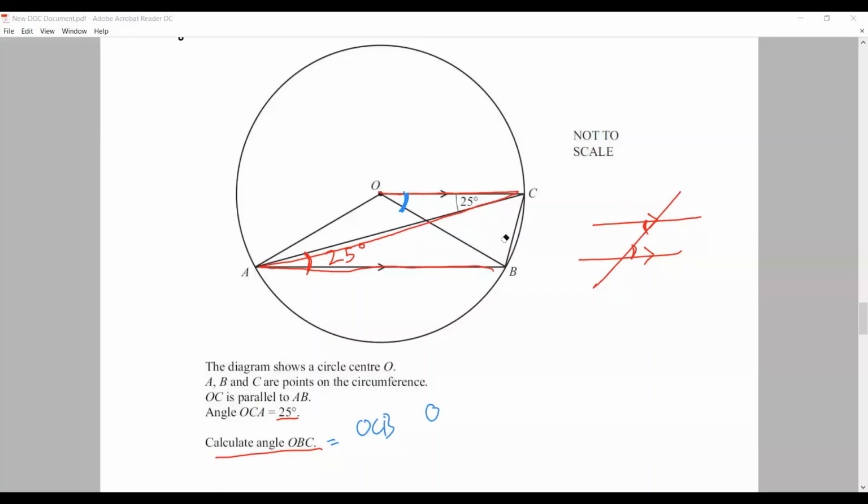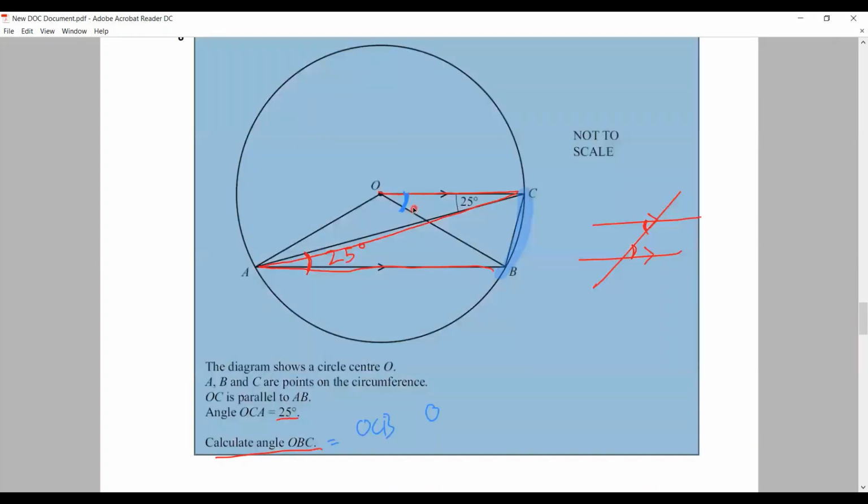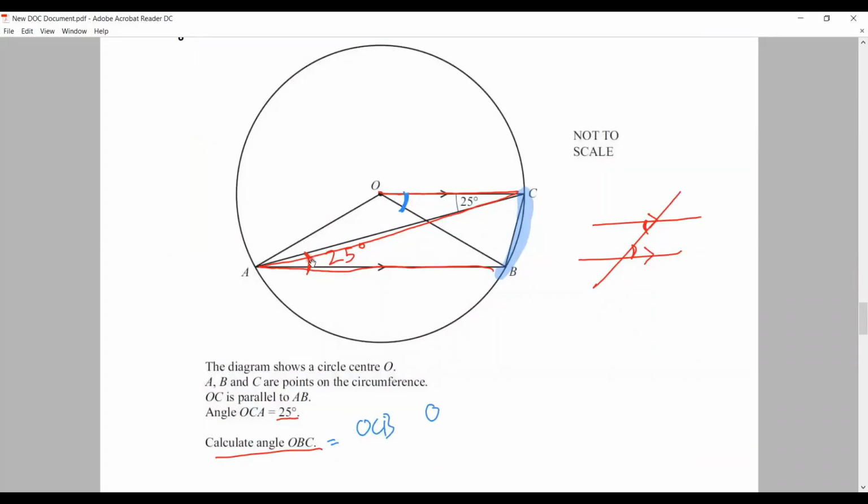Look at the arc opposite to angle A. These two angles are both subtended by the same arc BC, right? The difference is one of them is located on the circumference, the other one is located at the center. According to the theorem, the one at the center has double the magnitude of the one on the circumference. Therefore, this should be 50.